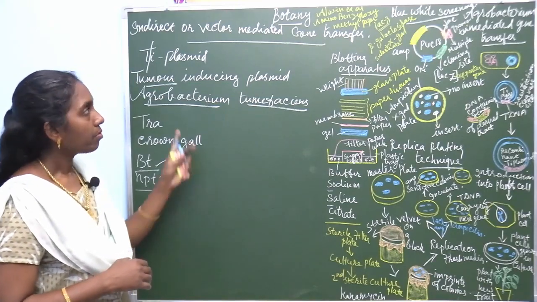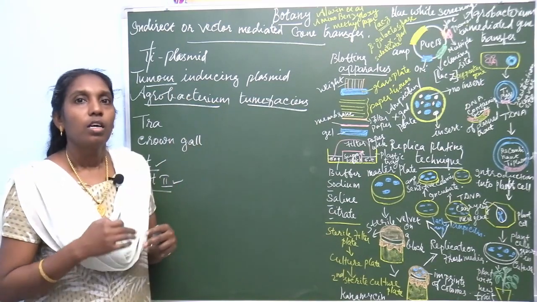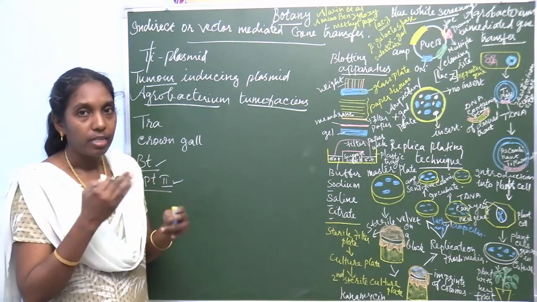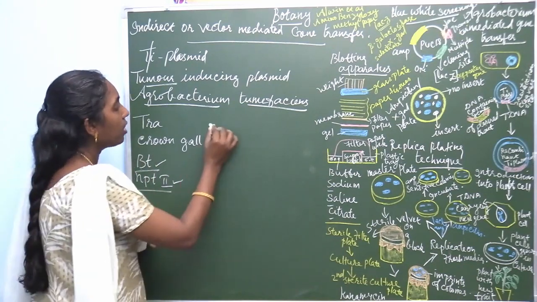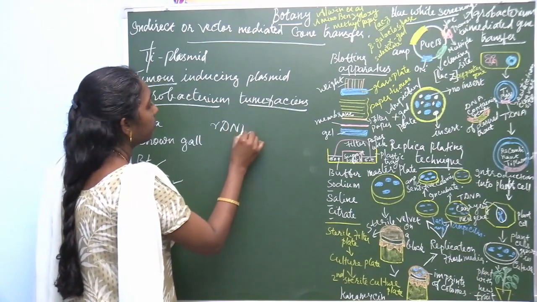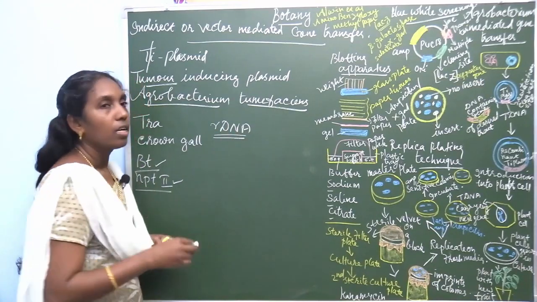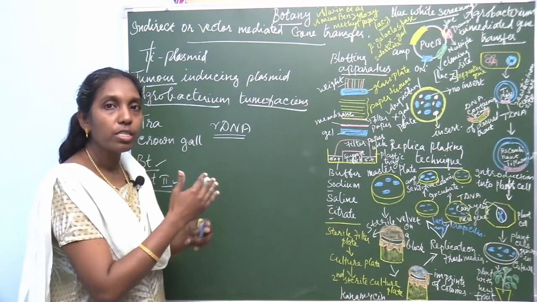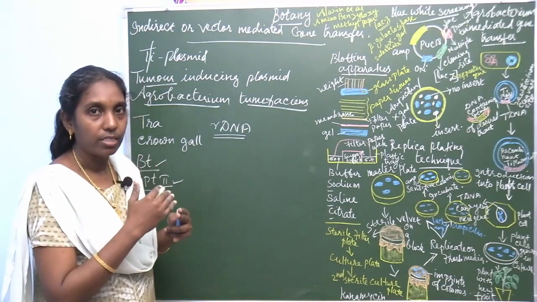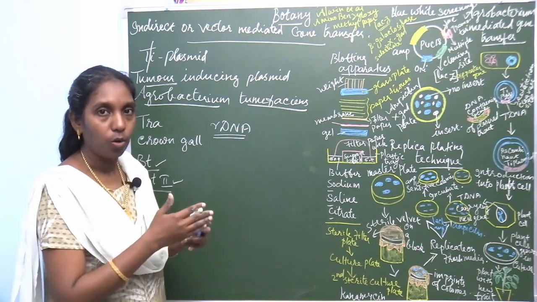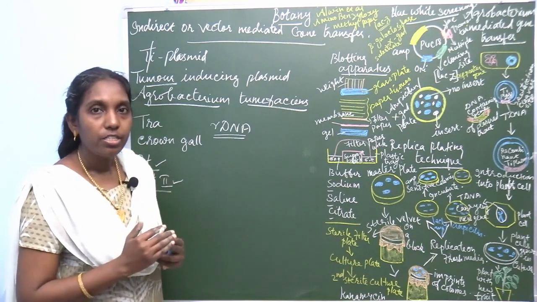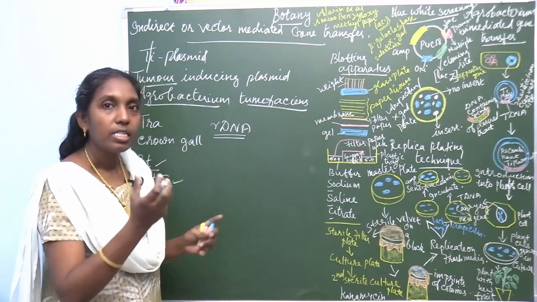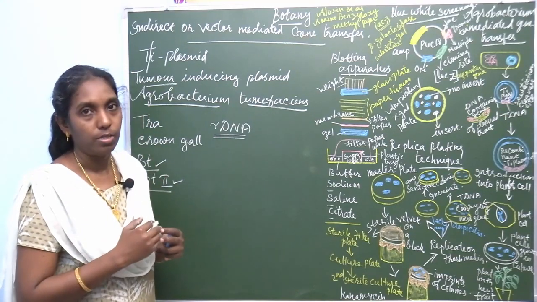Then, after introducing this gene into the rDNA, the recombinant DNA, and introducing it into the cell, the vector, the plant or the host, it is essential to identify whether the rDNA is received by the host.